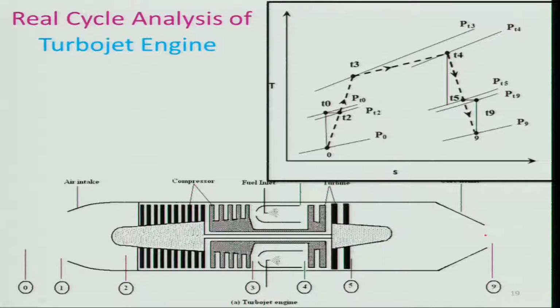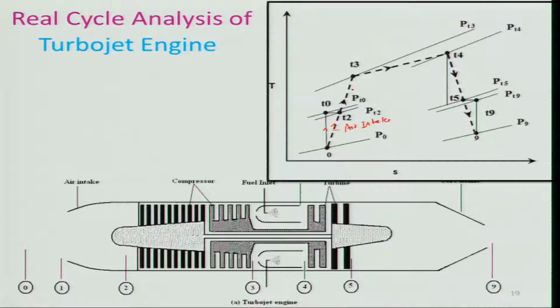So, what are the processes in the TS diagram? If you look at 0 to 2, that is your air intake. In case of isentropic, it is a solid line, what we have considered. And keep in mind that all the time we will be using the dashed line to show the real processes.